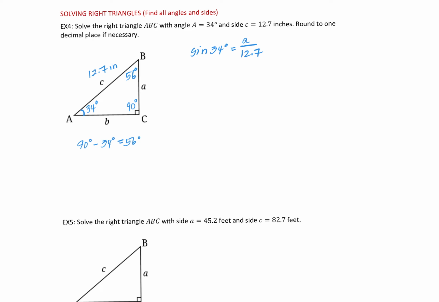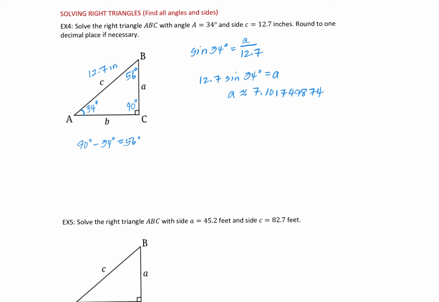So now if you multiply both sides of this equation by 12.7, we have 12.7 times sine of 34 degrees is equal to A. And then once I put that in my calculator, I get that A is approximately 7.101749874. Wow, that's a lot.